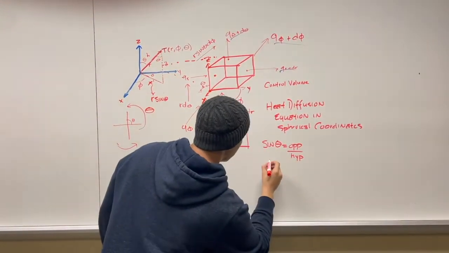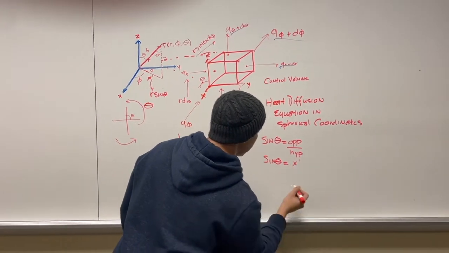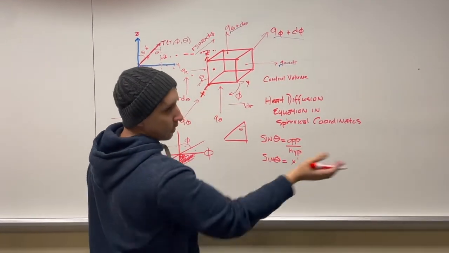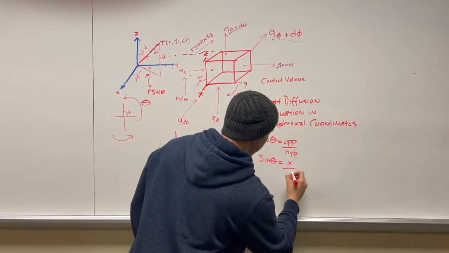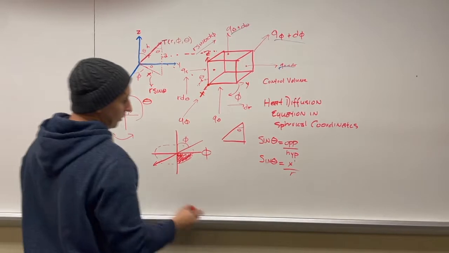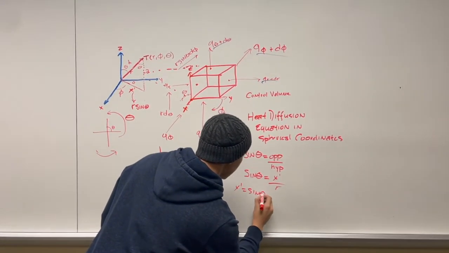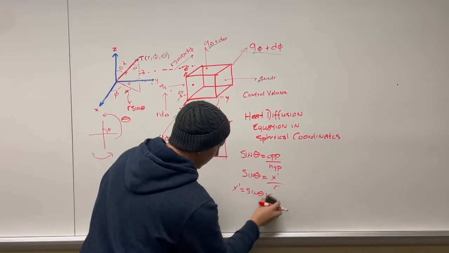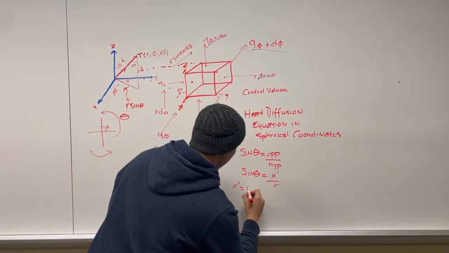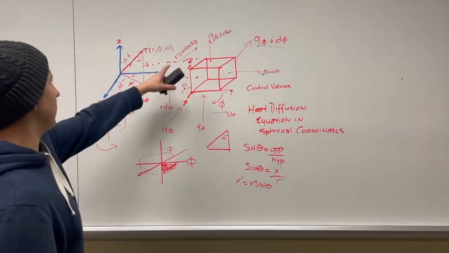So if I plug these in, we've got sine theta equals x prime over r. Whatever variable you want to call it, you're just setting it equal. So then x prime is going to be equal to r sine theta. However, conventionally speaking, we have it like this, and that's what it is.